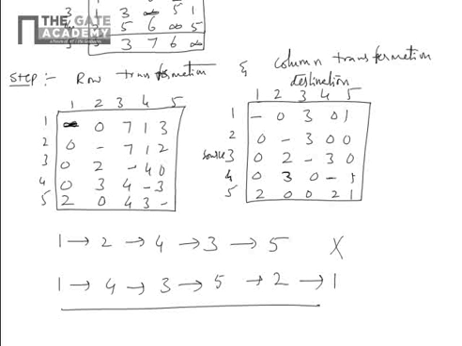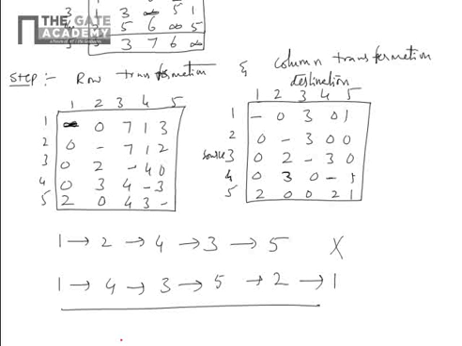A few points to remember about the assignment problem. It is always a minimization problem; if it is given as maximization, convert it to minimization by subtracting all values from the biggest value. It has to be a square matrix, where rows equal columns; if not, convert it to a square matrix by adding rows or columns.